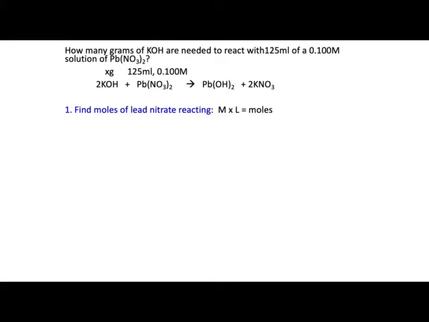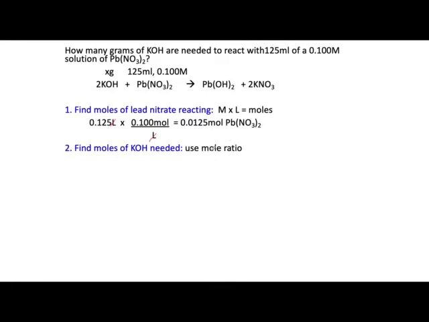Find the moles of the lead nitrate, since I have enough information to do that. And that's going to be molarity times liters equals moles. When I multiply them together, the liters will cancel out. And I get this many moles of lead nitrate.